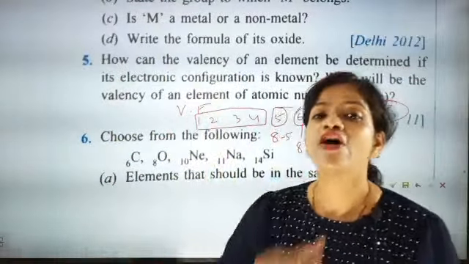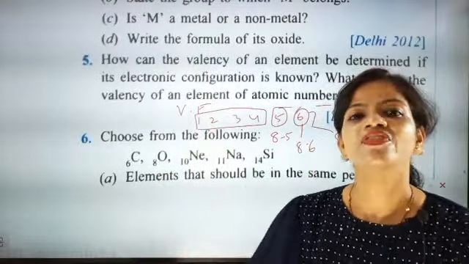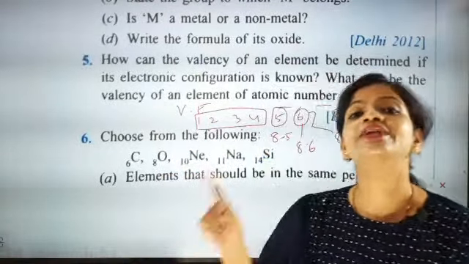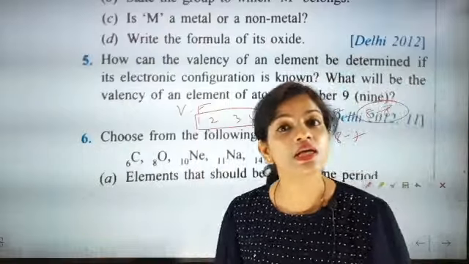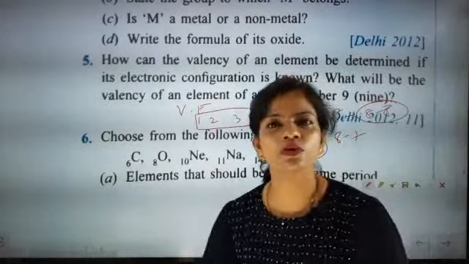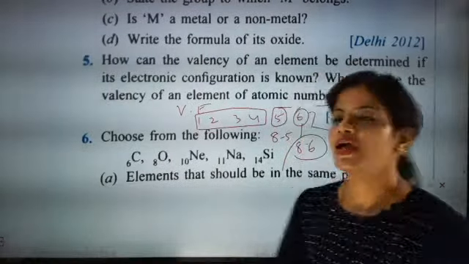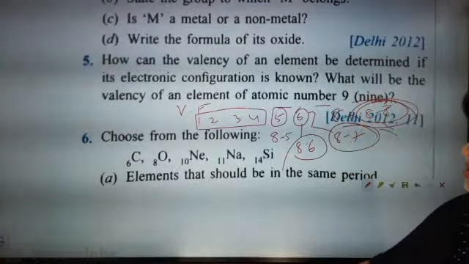But if valence electrons exceed 4, say 5, then valency will be 8 minus 5 equal to 3. Then 8 minus 6 equal to 2. Then 8 minus 7 equal to 1. And then 8 minus 8 equal to 0.